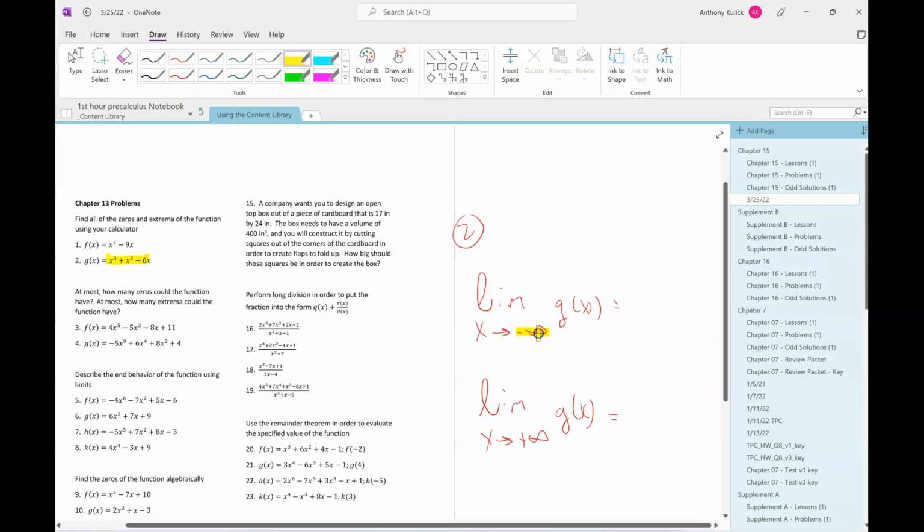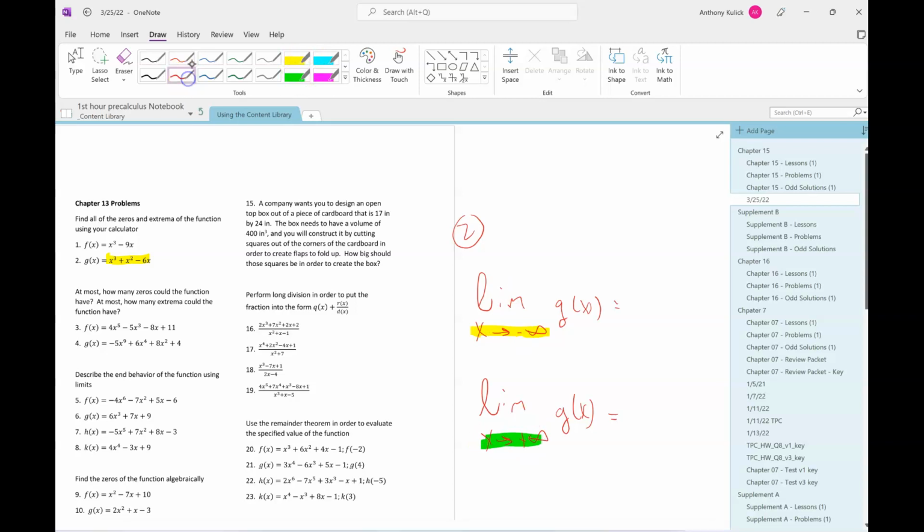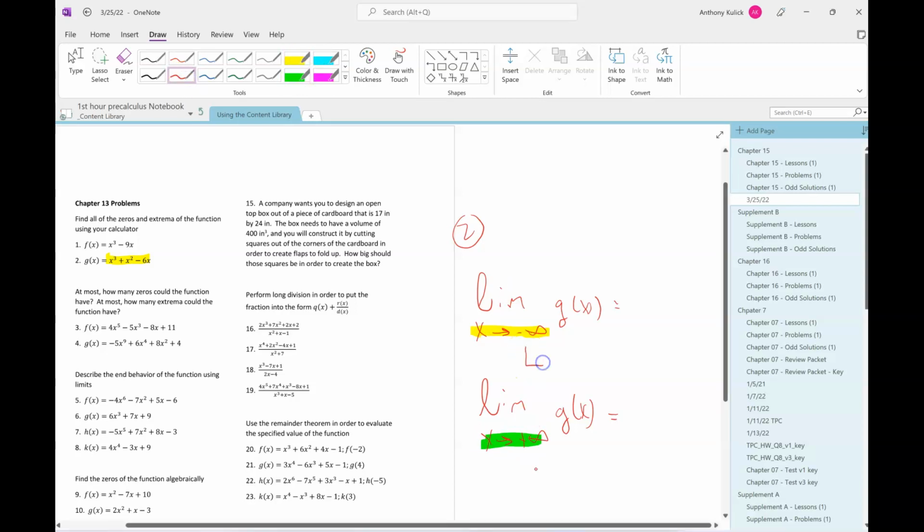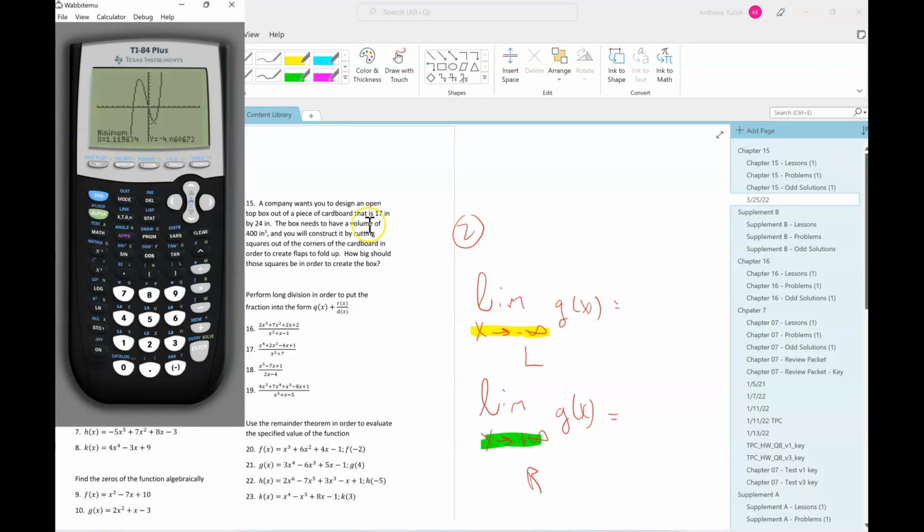So the piece down here is just telling me whether I'm talking about the left end of the graph or the right end. So negative infinity is talking about the left, the positive infinity is talking about the right. So is there always 2? For a polynomial? Yes, because you know there's arrows at either end, right?